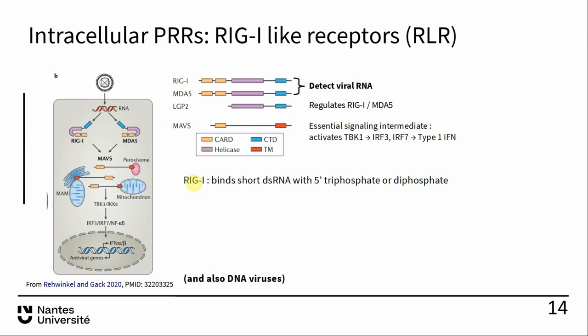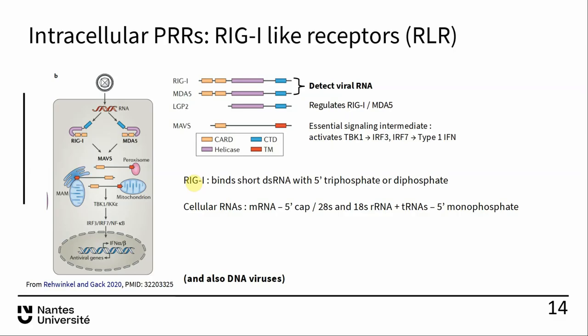Well, we know this for RIG-I because it binds short double-stranded RNA molecules with a 5' triphosphate or diphosphate. Now, you might not remember this. For messenger RNAs, sure, everybody knows messenger RNAs have got a 5' cap. So capped mRNAs will not bind to RIG-I. And also, the rRNAs and transfer RNAs, they don't have a triphosphate or a diphosphate, they have a 5' monophosphate.